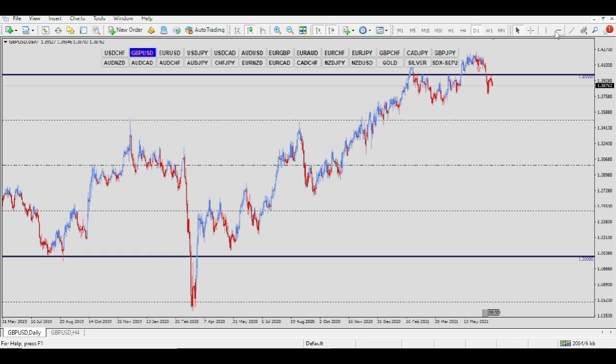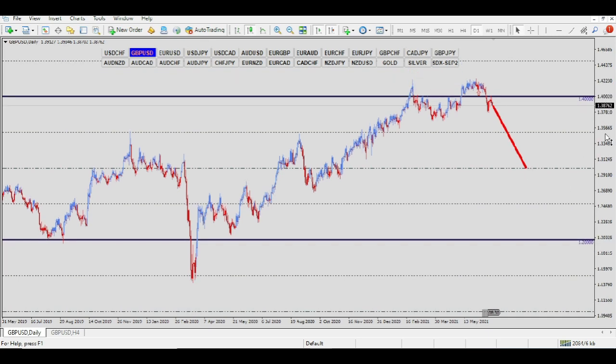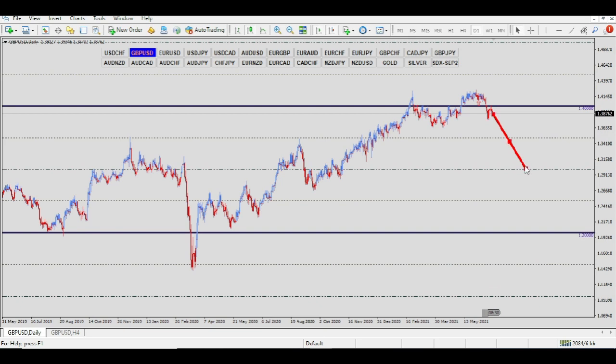So there is a high chance that GBP USD is going to be dropping. That will be my first target, and probably will take it all this way. So my bias on GBP USD certainly is on shorting the pair. It is on selling the pair.